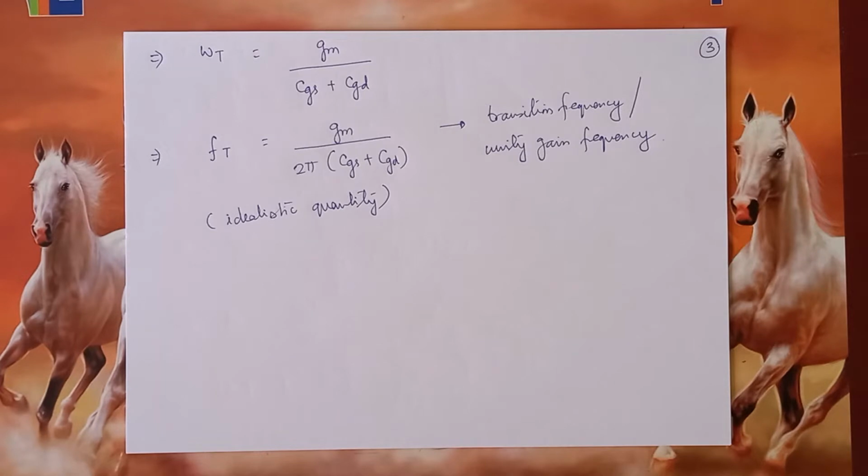So therefore, you can definitely know what the Ft is, but don't expect that in reality you will get bandwidths like that. And more importantly, this is something where you get unity gain, that too with only one device, no additional circuitry whatsoever.